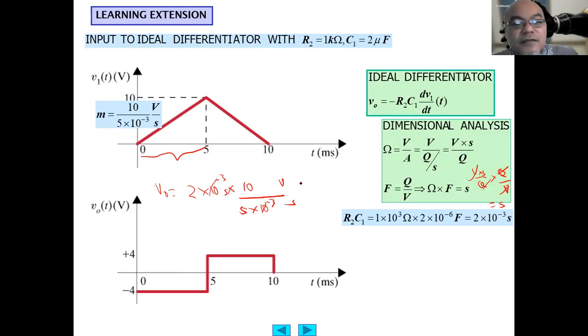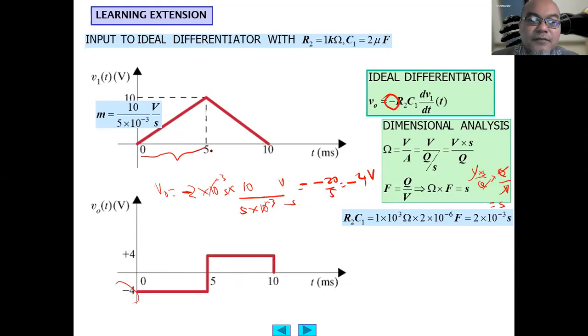Because of the minus sign, minus 20 divided by 5 equals minus 4 volt. Be careful with the unit. So this is minus 4 volt.